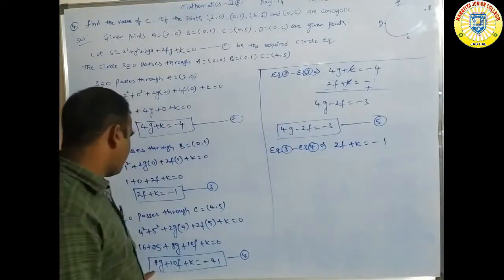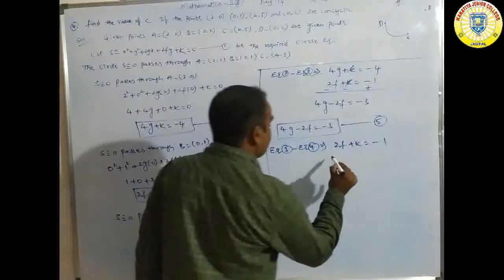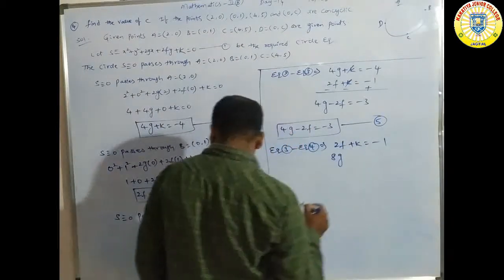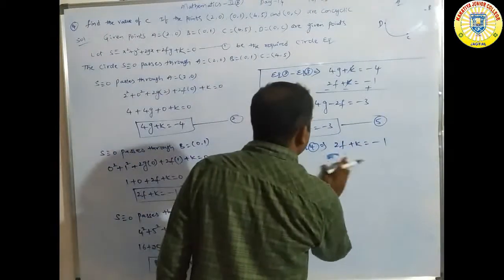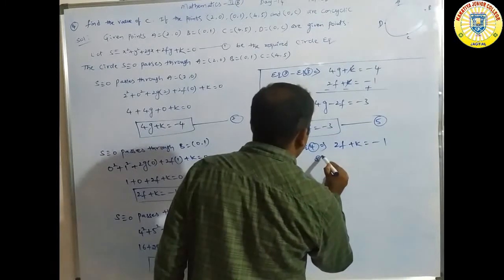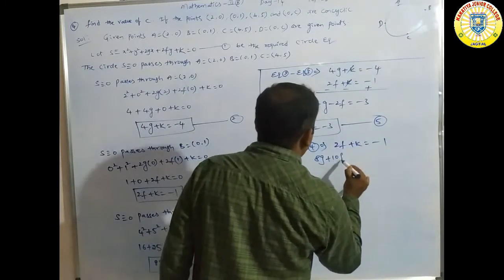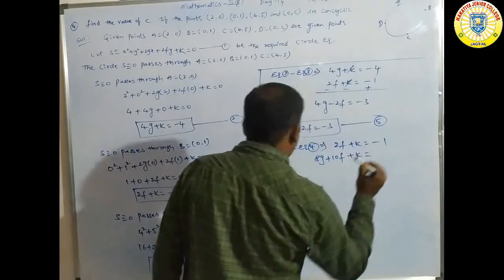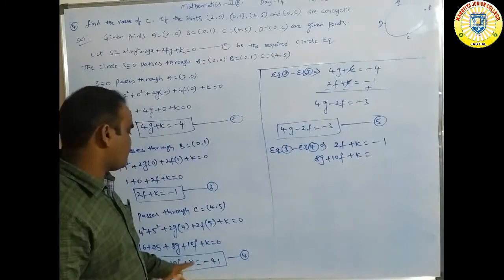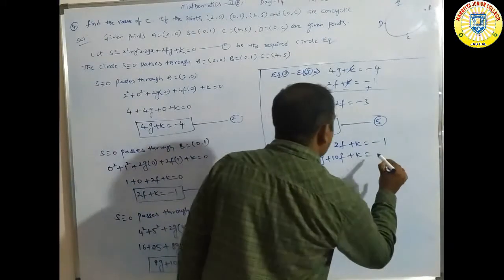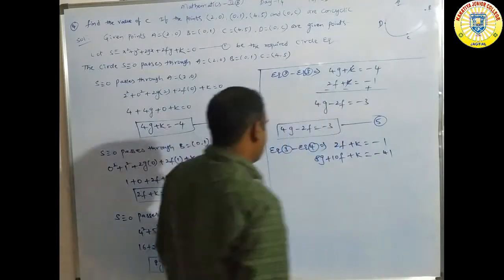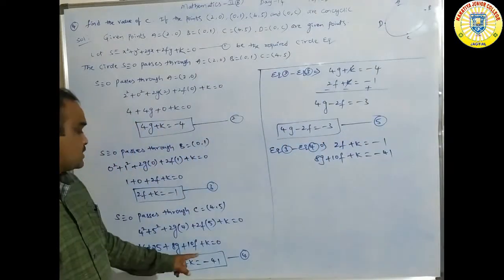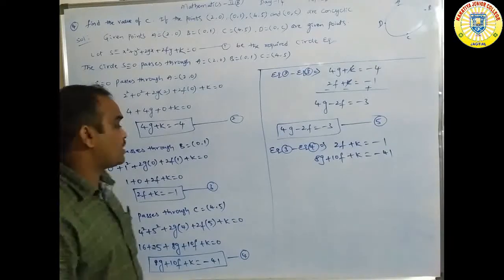What is equation 4? 8g plus 10f plus k is equal to minus 41.